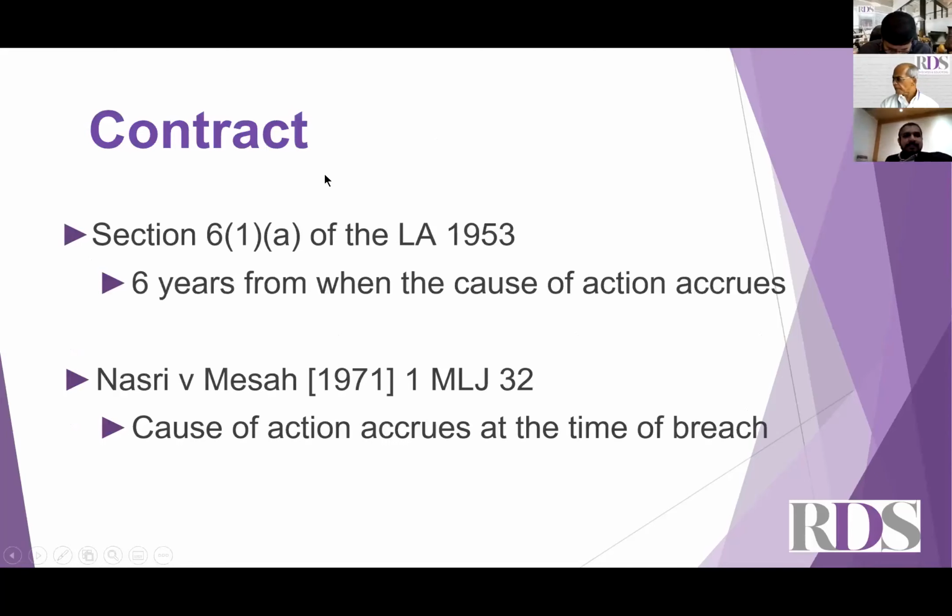When we go on to discuss contractual claims, there has been no amendment per se insofar as limitation is concerned. Section 6 sub 1 applies, and that is you have 6 years from the date when the cause of action accrues, to bring an action. And the Federal Court case of Nasri against Mesa in 1971 has held that the cause of action insofar as a contractual claim is concerned accrues on the date of the breach of contract, and time runs from the breach.